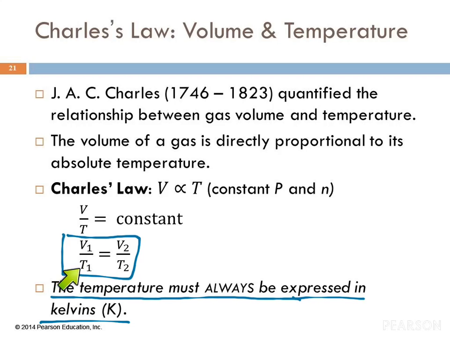The thing about Kelvin temperatures is that they can never be lower than 0. You can never have a negative temperature. If you put Celsius in here and you have a negative temperature, then one of those volumes may end up being negative. Can you have negative volume? No, you can't. Okay.